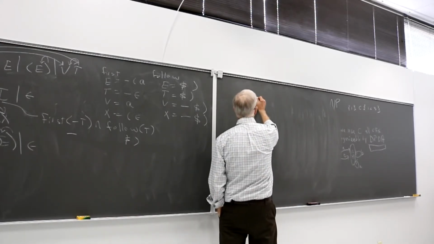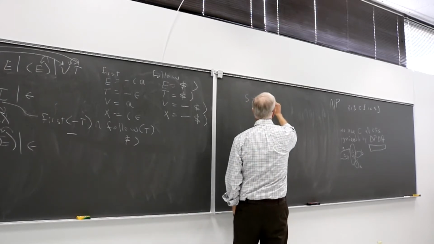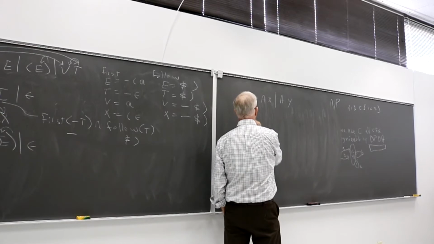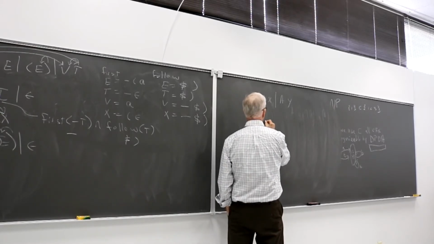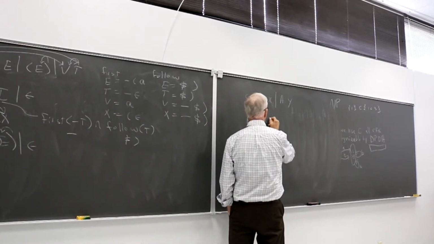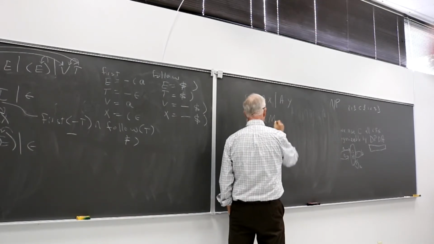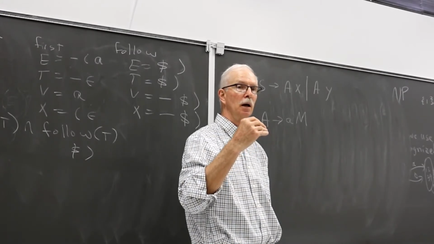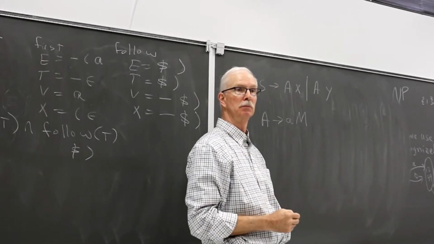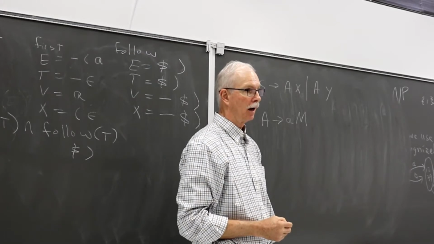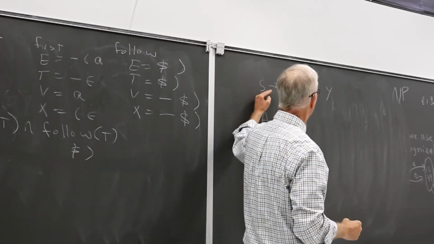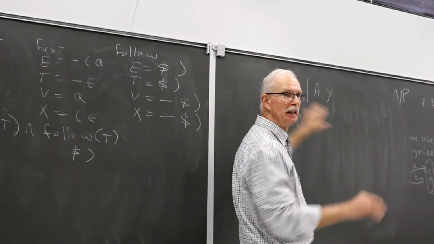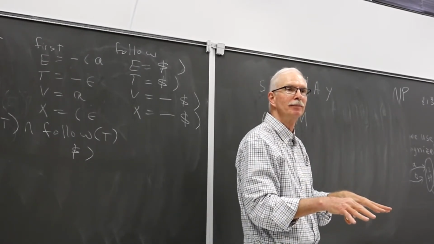So if I had S goes to AX or AY, and I had A goes to AM, something to this effect, I didn't left factor. I came cruising in, I said I'm in function S, I'm going to call function A and then kind of figure out where I'm at.